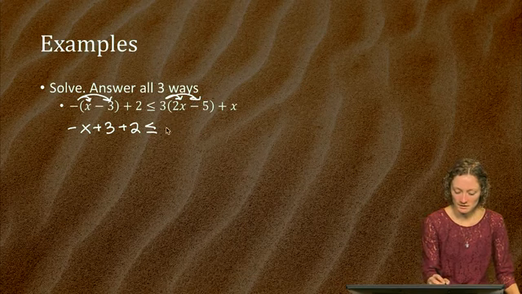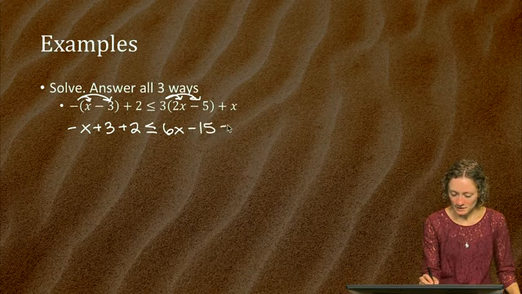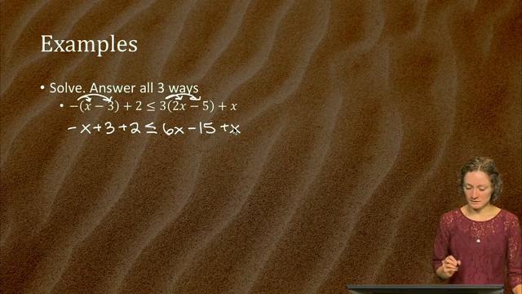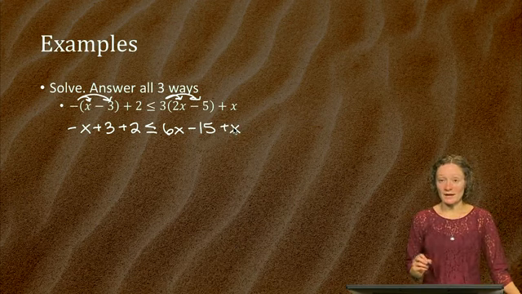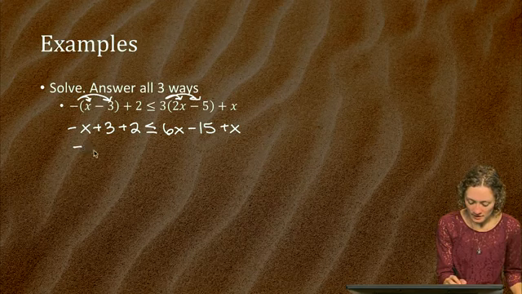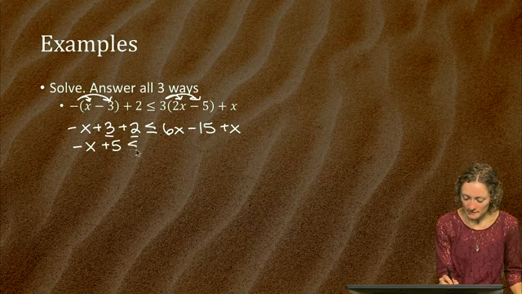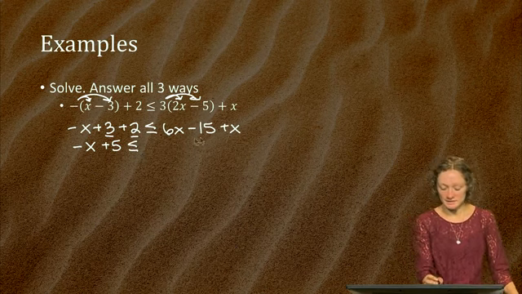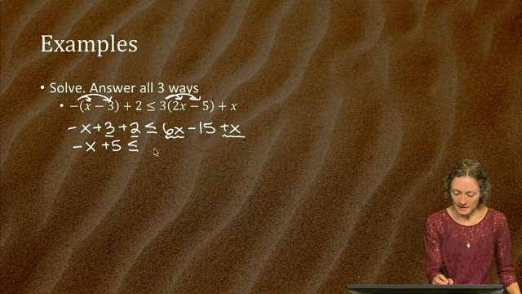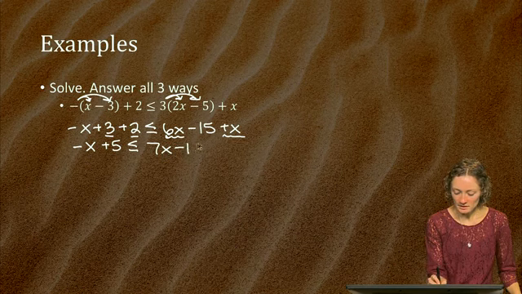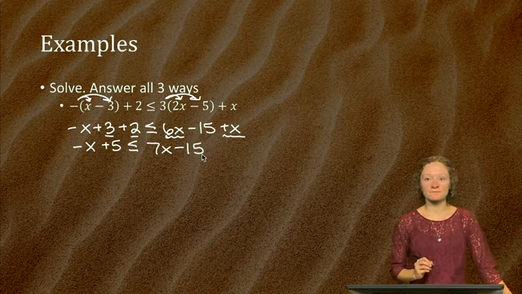Distribute this 3, 6x minus 15 plus x. Okay, combine like terms on each side. Negative x plus 5, 3 and 2 combine. On the right, 6x and x combine. 7x minus 15.